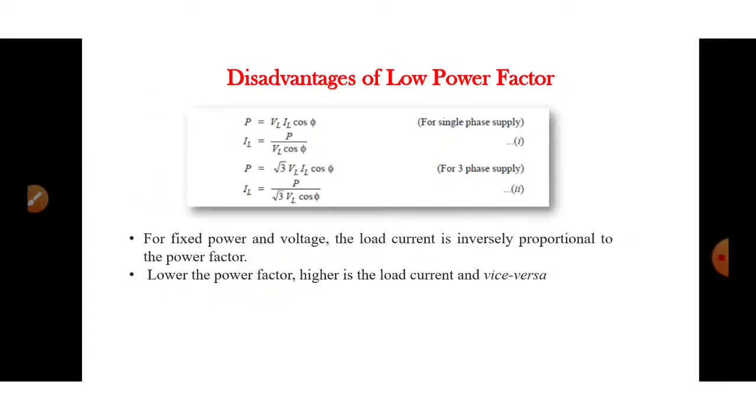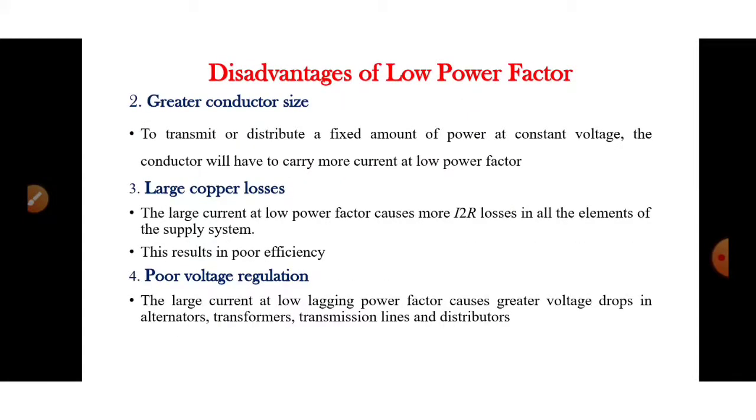The second disadvantage is greater conductor size. From this equation, we understand that as cos phi decreases, IL increases. So in order to transmit this large amount of current, the conductor size should be greater. To transmit or distribute a fixed amount of power at constant voltage, the conductor will have to carry more current at low power factor.